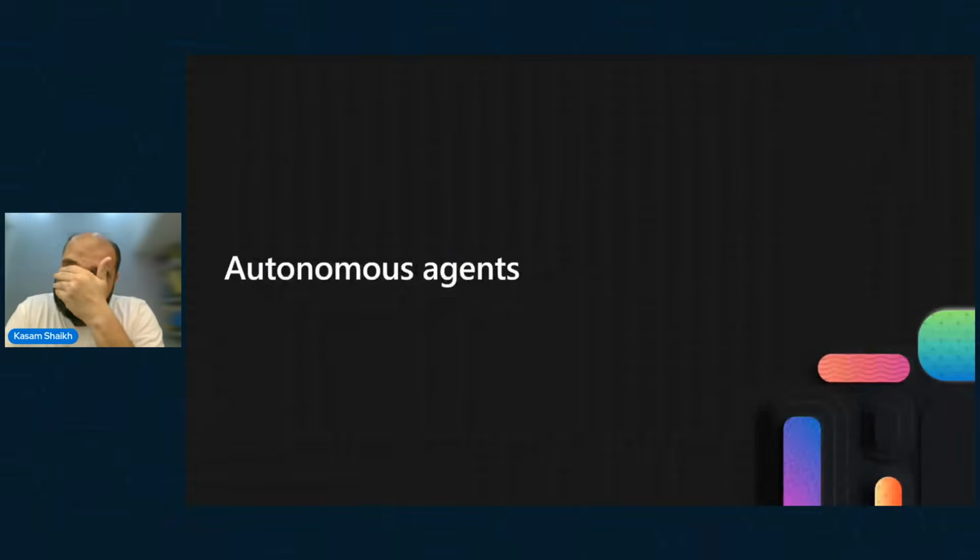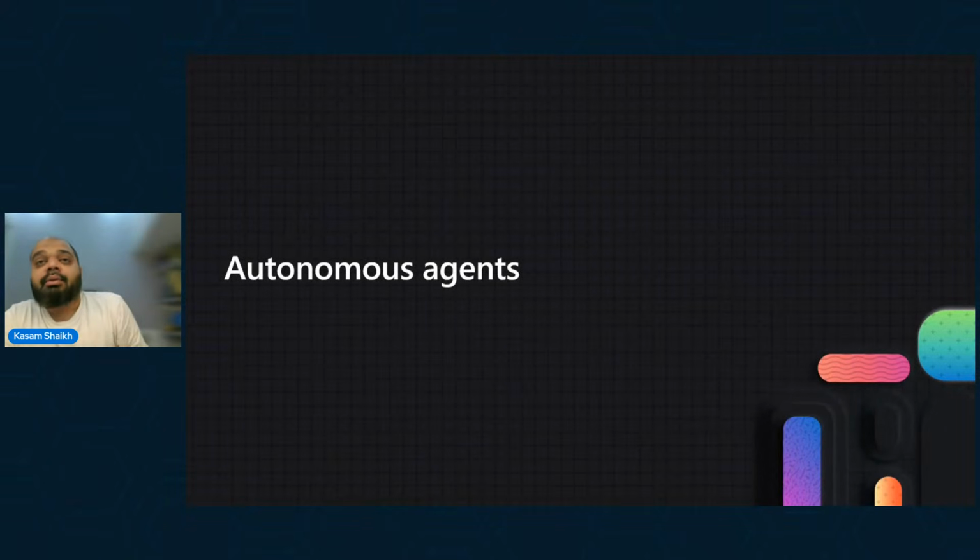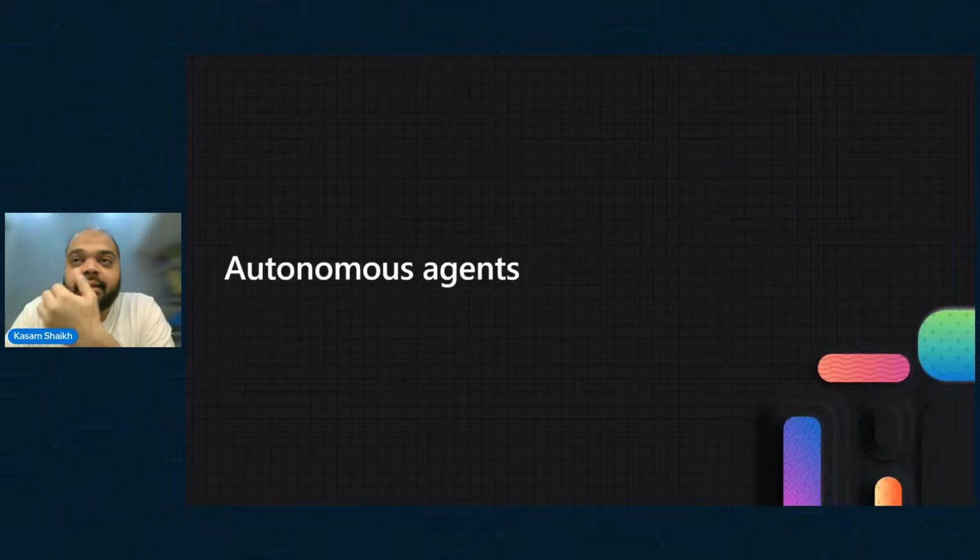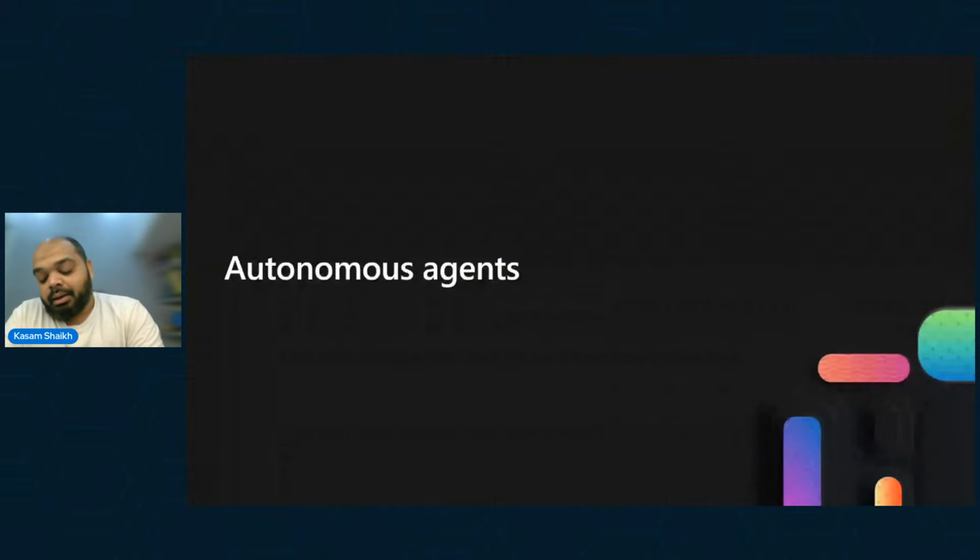So now we are at, again, an interesting topic altogether. We talked about the fundamentals of getting started building and extending agents with Copilot Studio. But let's now learn about the very interesting topic of autonomous capabilities of an agent.